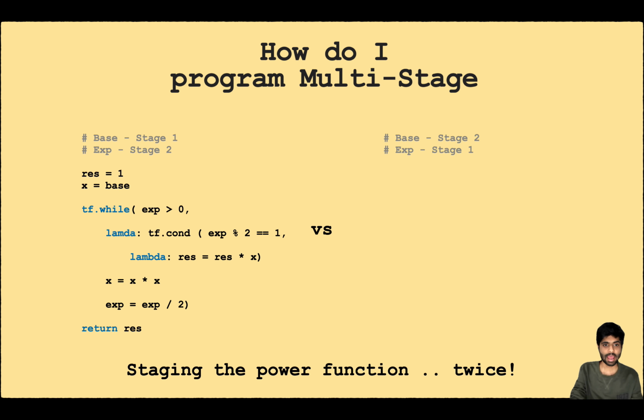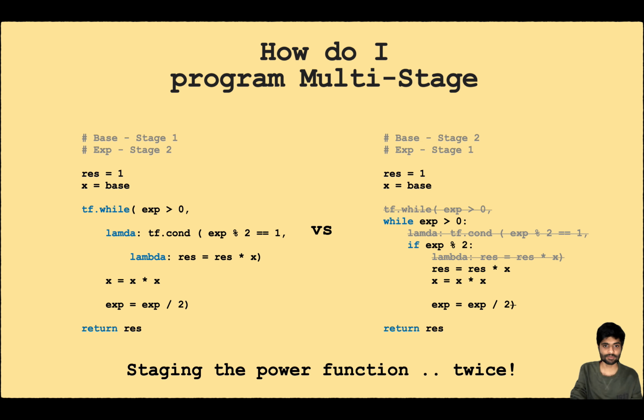On the right, I have a specialization of the same power function where the base is to be evaluated in stage 2 and the exponent is to be evaluated in stage 1. In this case, since the exponent is a normal Python integer, all the code that deals with it needs to be rewritten to change the specialization.